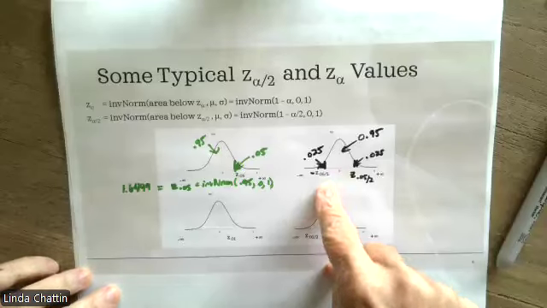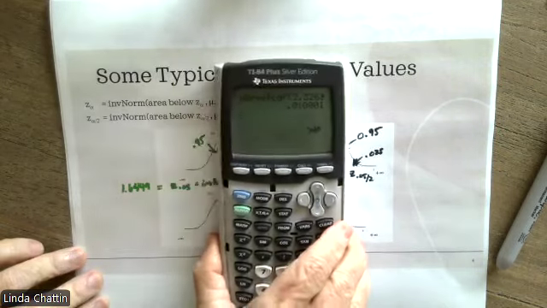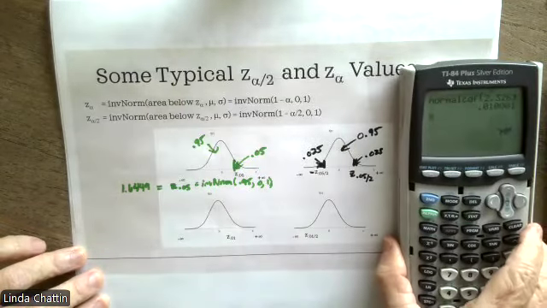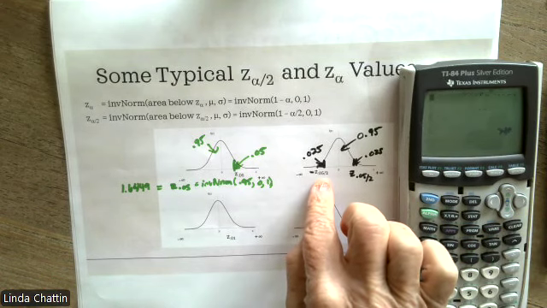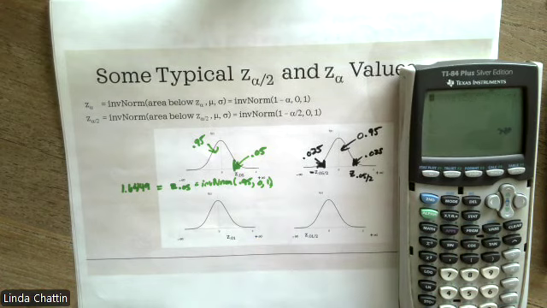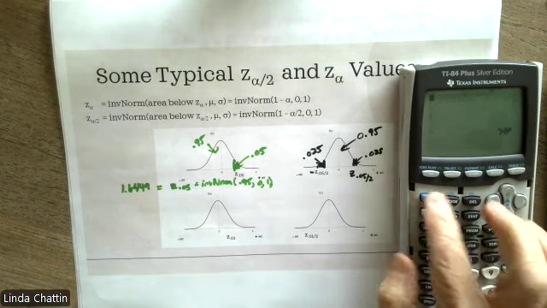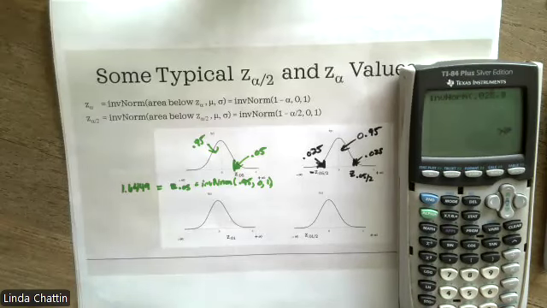So if I wanted z of 0.05 divided by 2, just the positive value, I could get that also by using the inverse norm function. It's just another way to skin the cat. The area below is 0.025. So I do second function, distribution, and then inverse norm. The area below is 0.025 for a mean of 0 and a standard deviation of 1.